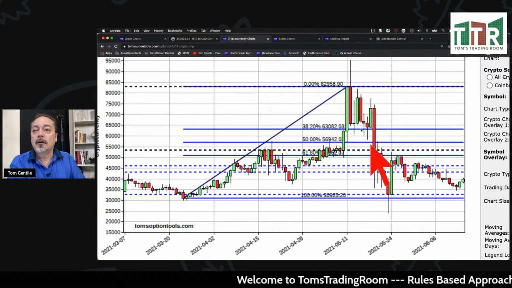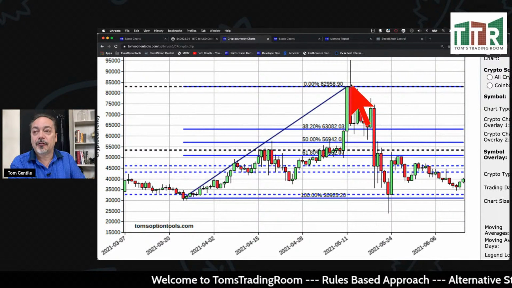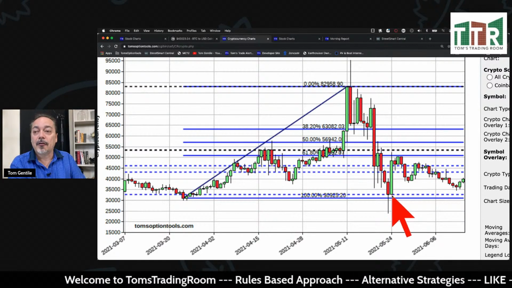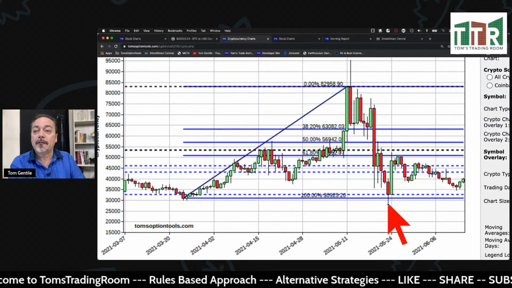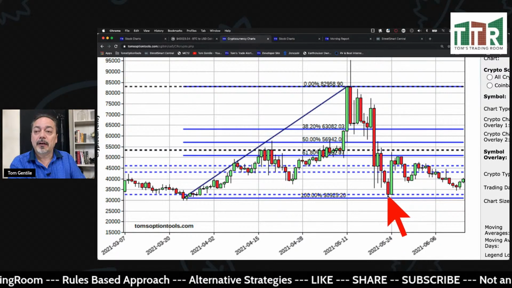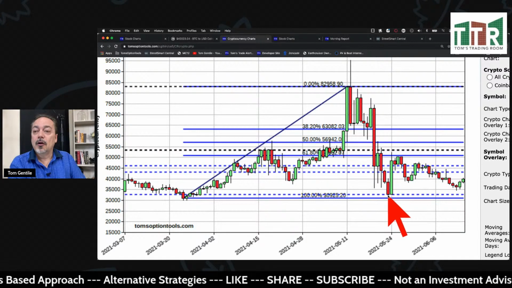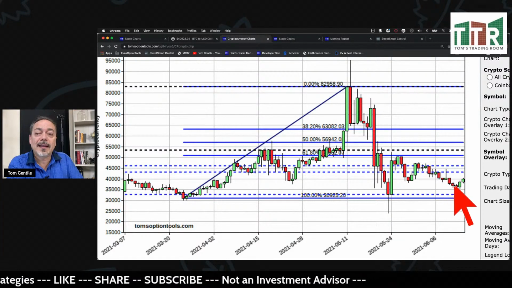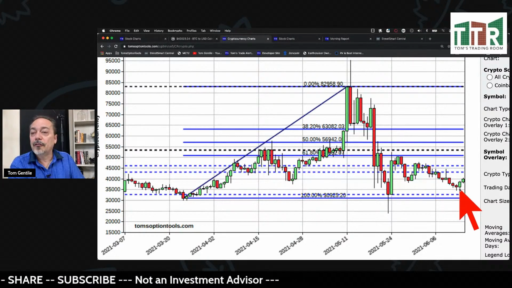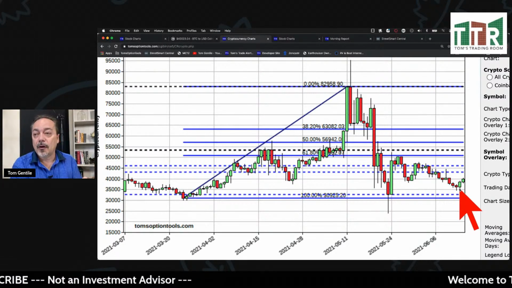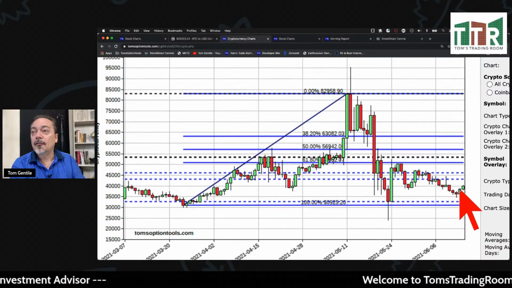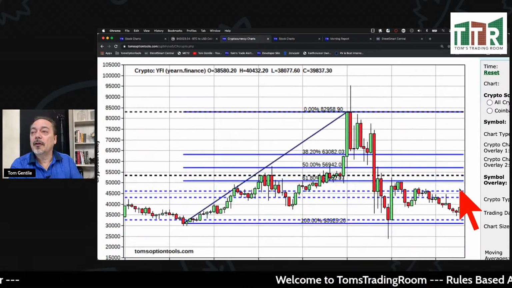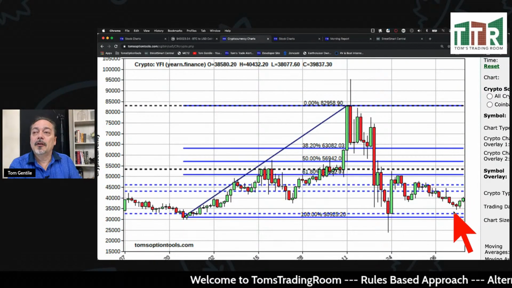And then we take a Fibonacci disaster. I mean, this thing just dumped out back down to 25, but then settled in this area, which was in the low 30s. Well, guess what happened? We started cruising down again. And yesterday, once again, we had some liftoff. And now here sits Yearn at just below 40,000.